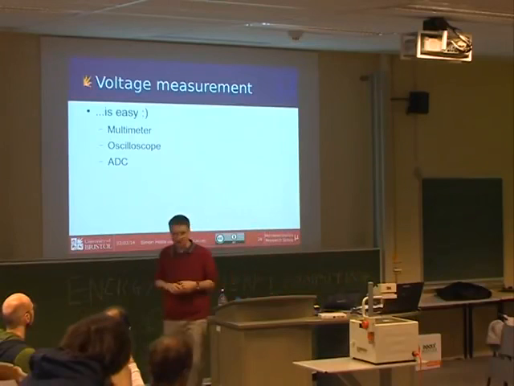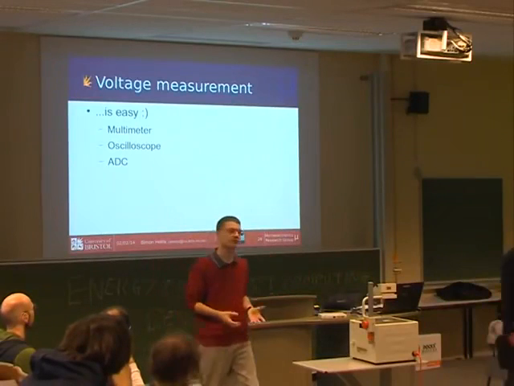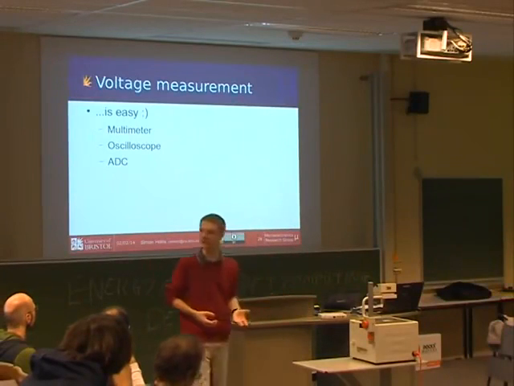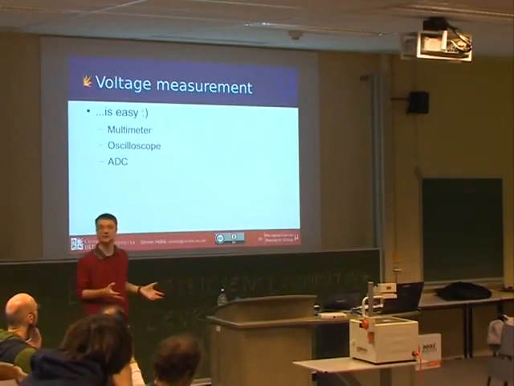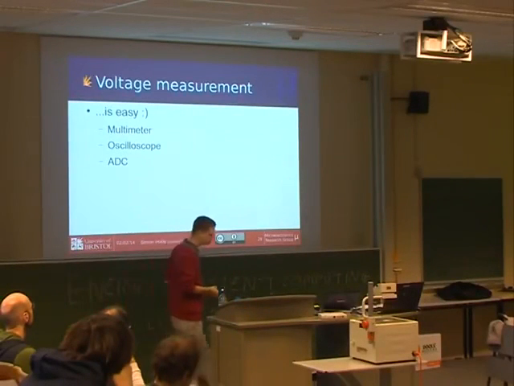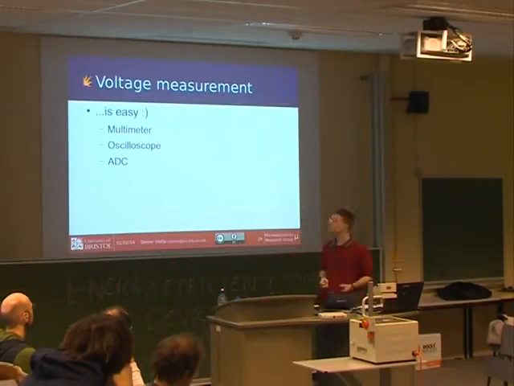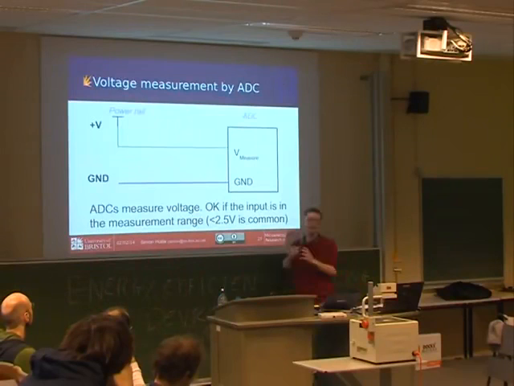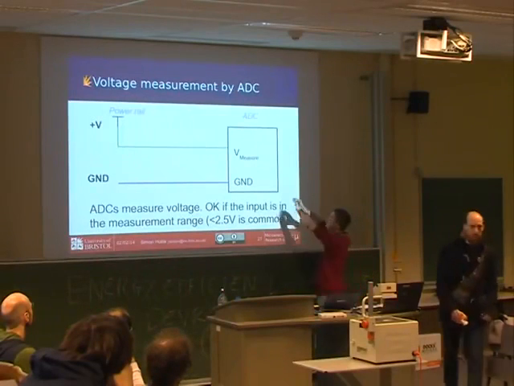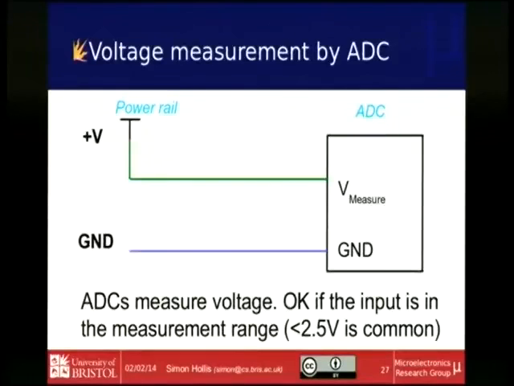The strategy we use is to use a thing called the analog digital converter, which is built into a very large number of off-the-shelf devices in the embedded space. And we can make use of the ADC to measure voltage for us. So here's the high-level block diagram. The ADC is a block of a microprocessor, like this ARM-based microprocessor we have on here.